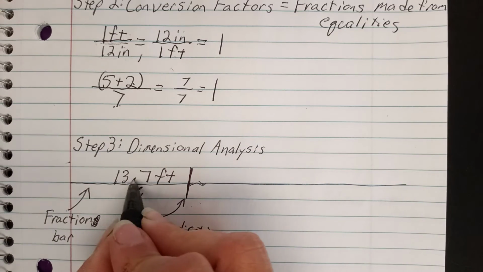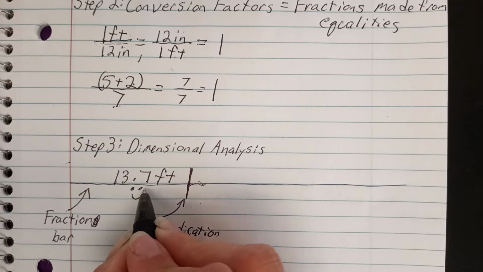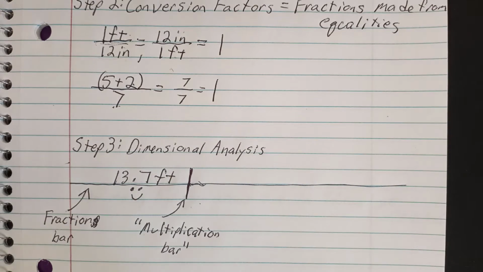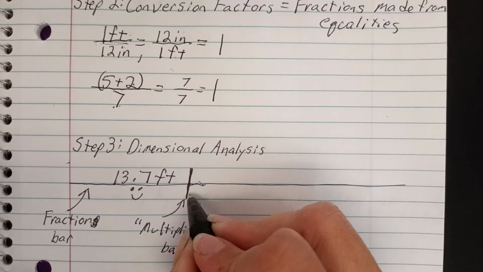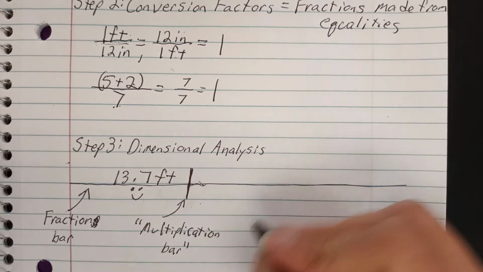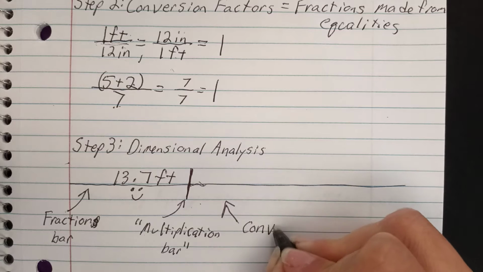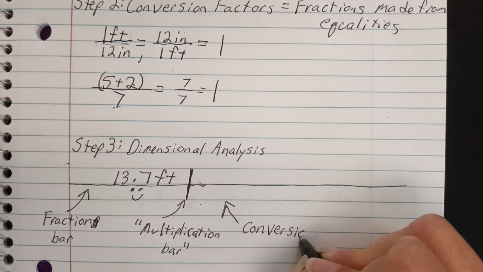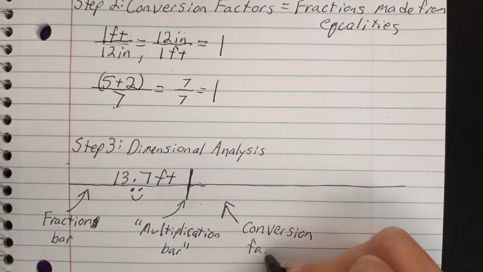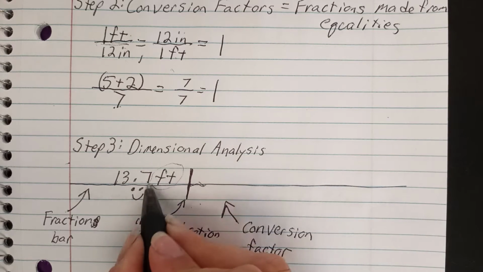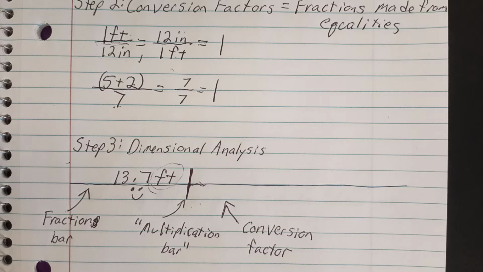Okay, so I've got my 13.7 feet right here on my long fraction bar, and I've drawn my multiplication bar in there to represent that. I'm going to move on. Now you choose a conversion factor that has this unit that I want to get rid of.